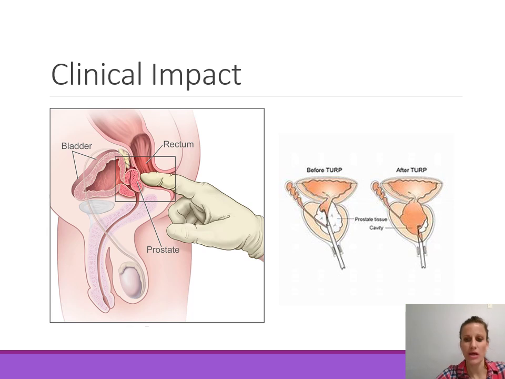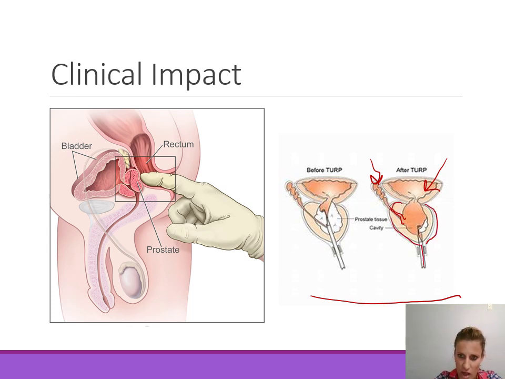So here we see the TURP that I was just talking about. To get your bearings, you see the bladder. Back here's the seminal gland. So you see the ejaculatory duct coming into the prostate. This whole thing is the prostate.